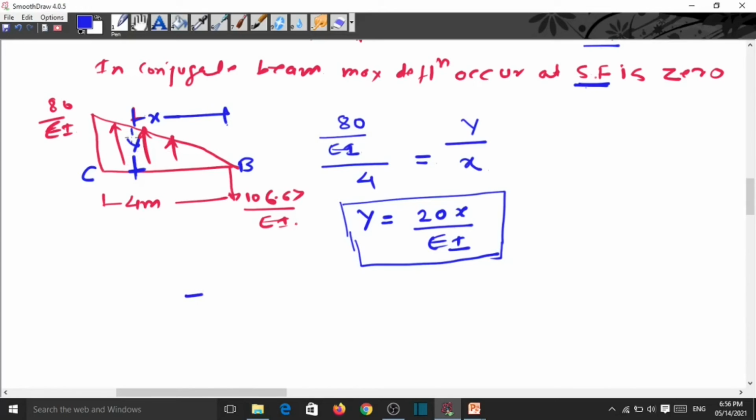Here this triangle, 1/2 base x into height 20x by EI. Then from the right side, this downward force is positive, so plus 106.67 divided by EI is equal to 0.